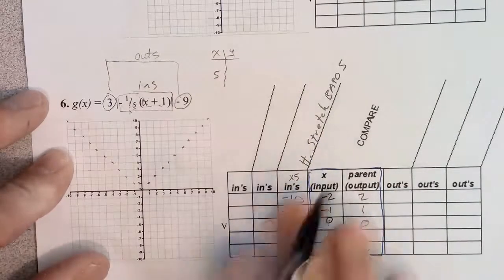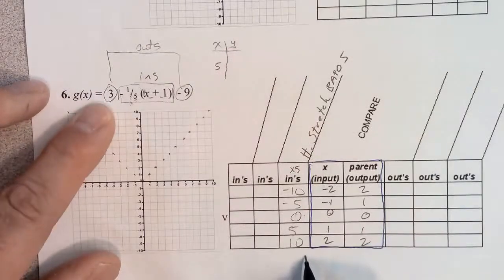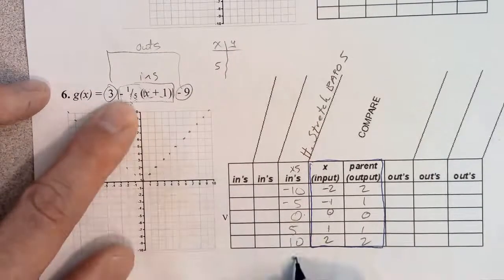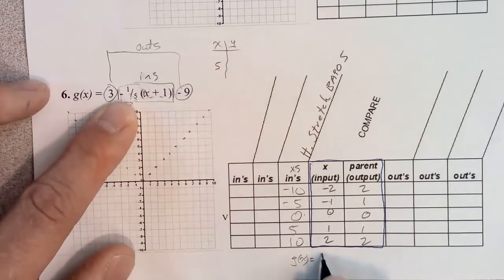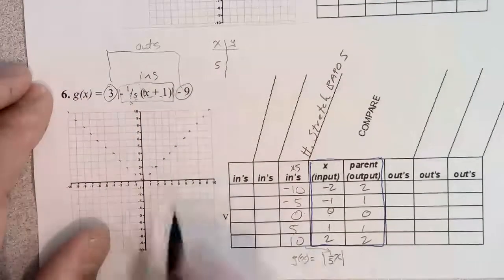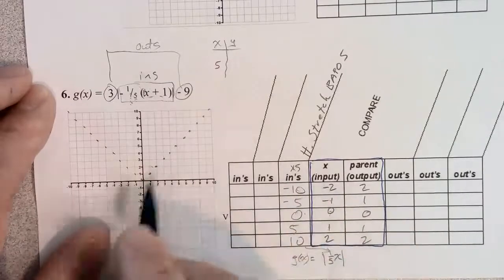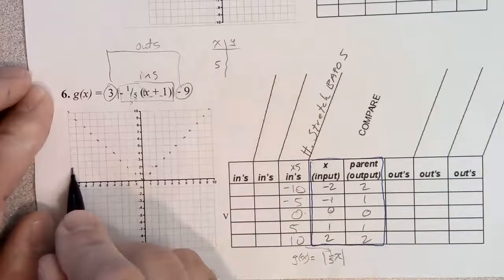So if you just stopped right there, this would be where you just had g of x equals the absolute value of 1/5 x. That's what you've done just with this. If we just graphed that function, then you would have negative 10, positive 2. You would go to negative 10, 2, that would be there.